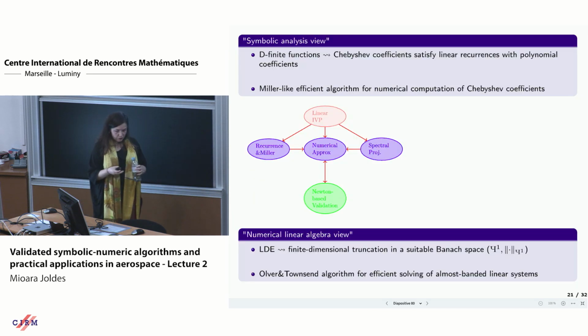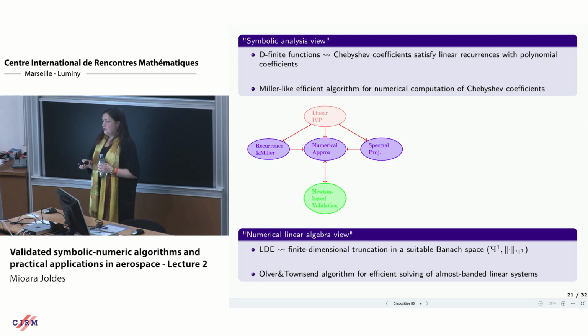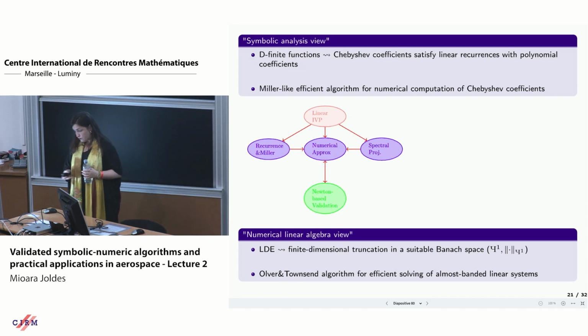Now we have our favorite numerical method to obtain, in linear time, an accurate approximation in Chebyshev series. We could either use recurrences, or we could use this truncation operator and solve the linear system.